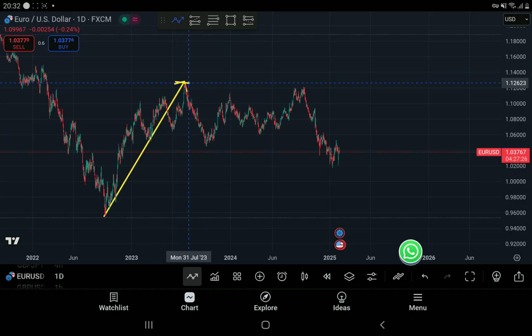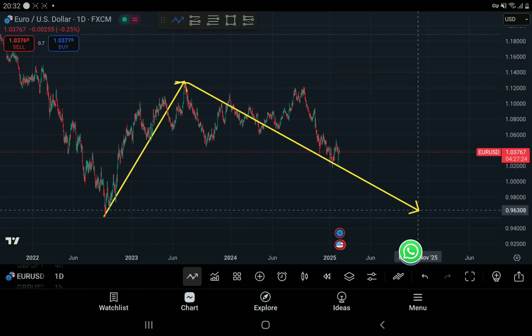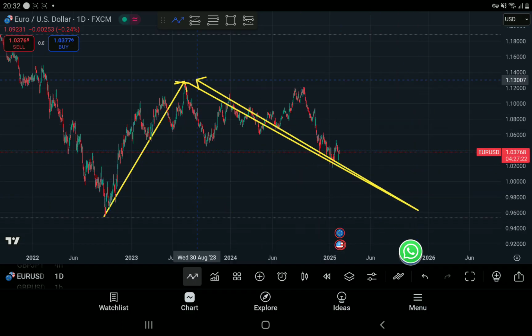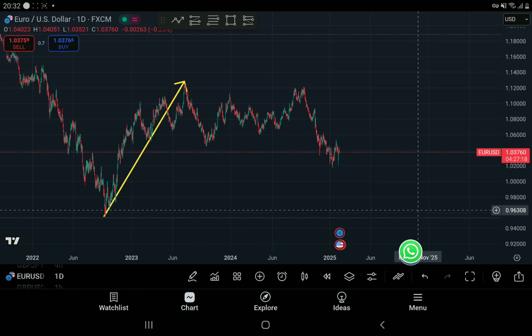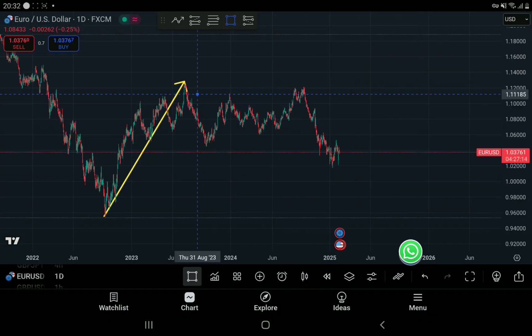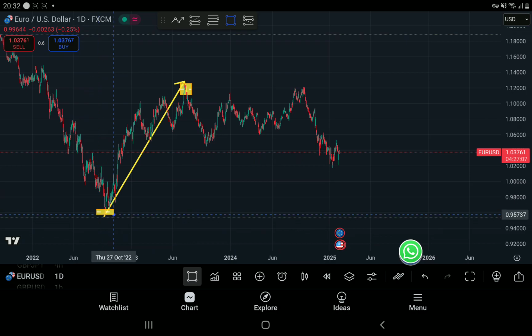One second guys. I think this thing should get deleted. Okay, this particular area is our top, and this is the bottom of the swing, isn't it?